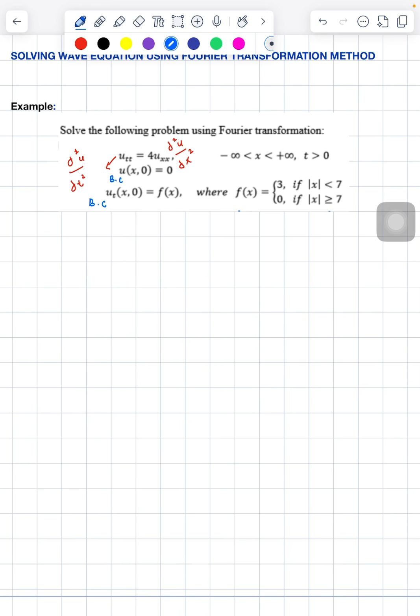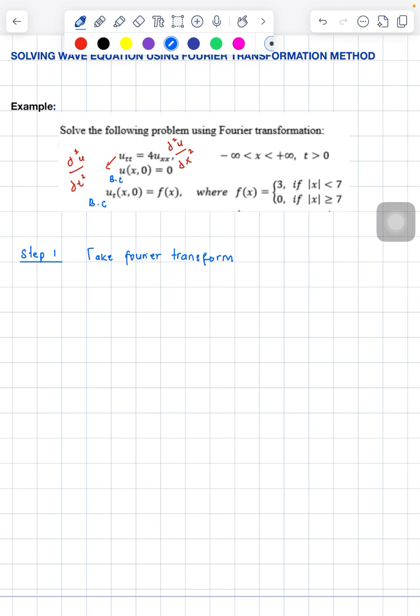The first step, step 1: take the Fourier transform. Remember, you can look at the previous video, part 1.